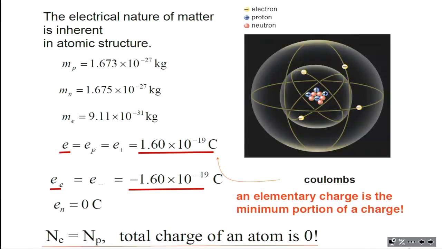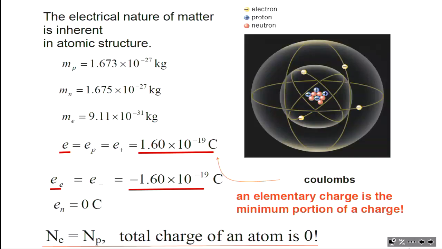This is the magnitude of so-called elementary charge. Well, what does it mean, elementary? It means we don't know so far the charge less than that, the smallest portion of a charge in the universe. And all other charge is measured in terms of this portion. It could be only one elementary charge, or two, or 100, or 25 billion.